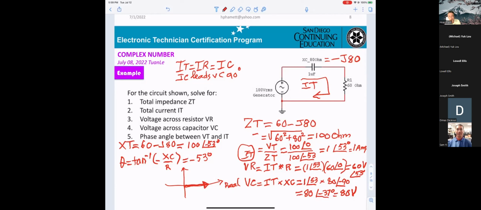Resistor has no phase. So if you want to draw for the resistor, capacitor, inductor, you draw that R. However, if you want to draw for the current, IR, then this must be IR.